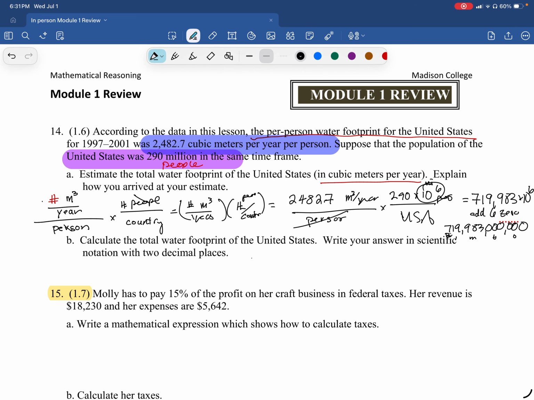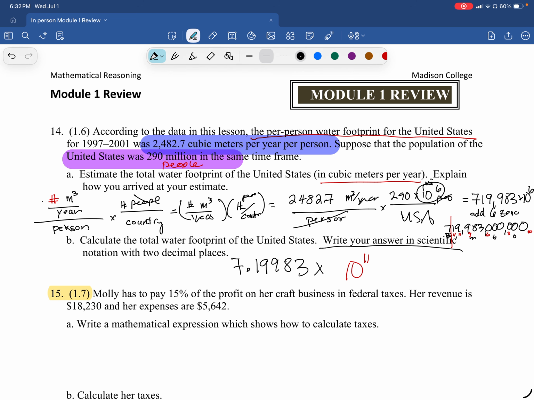Calculate the total water footprint of the United States and write your answer in scientific notation. So put the decimal place there: 1, 2, 3, 6, 9, 10, 11. So we're dealing with 10 to the 11th. 7.19983 times 10 to the 11th would be this.